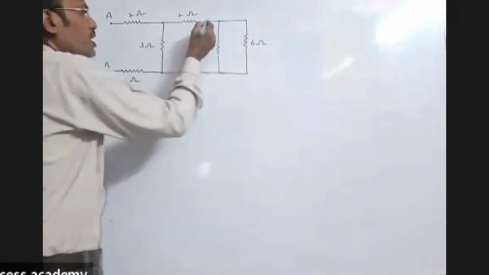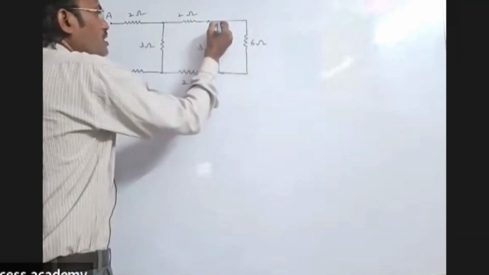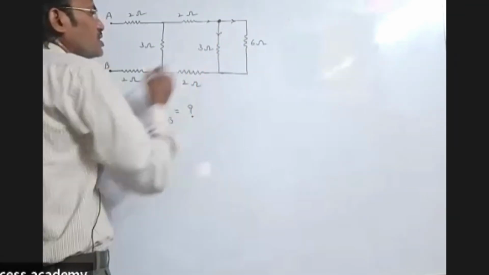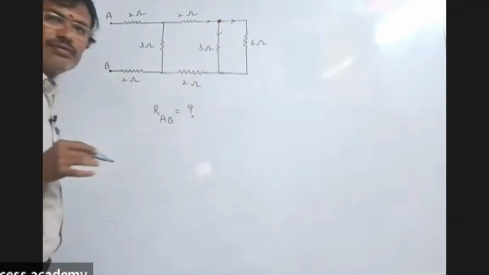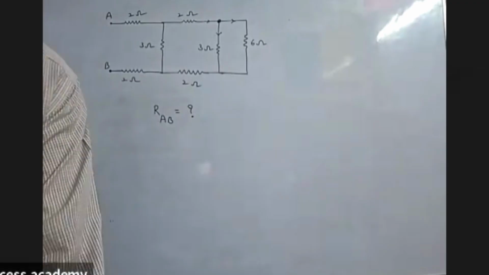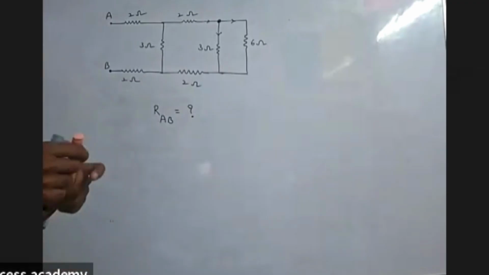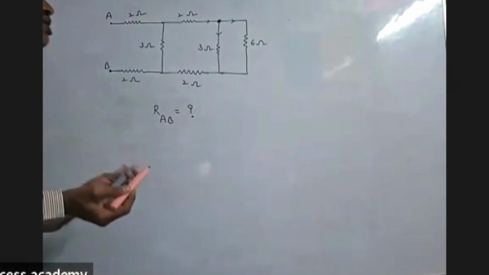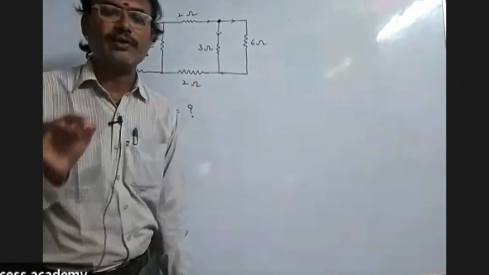Now, come to here. At this point, current is moving in this direction, so the current is dividing here. When the current is dividing into two different paths, whatever resistors are present in those two paths are in parallel combination.